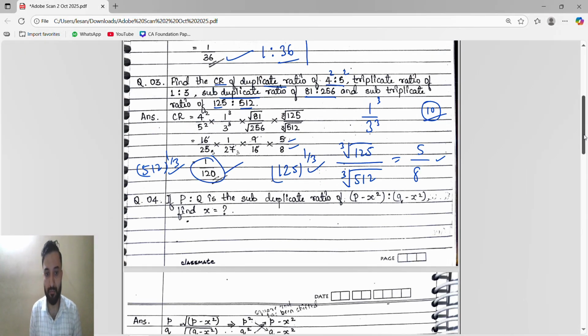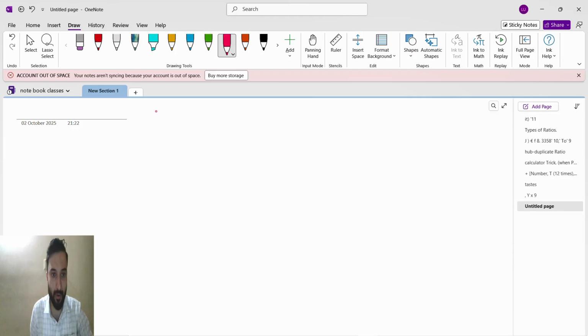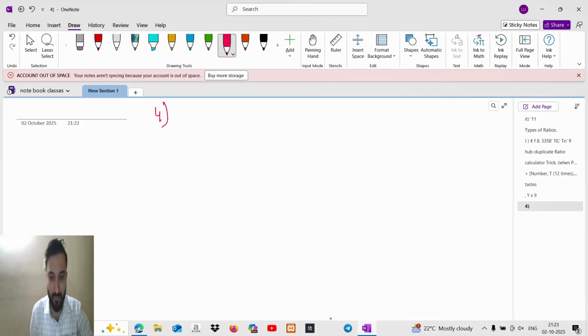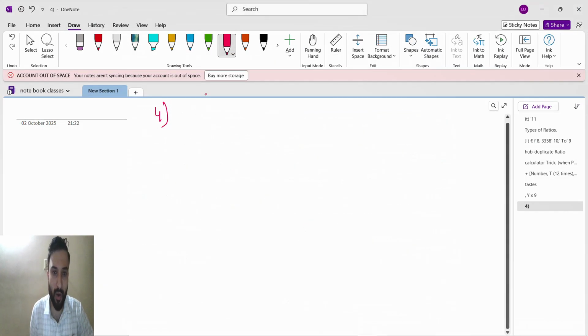Now next is, this is an important question, very important. If P is to Q is the subduplicate ratio of... Just see how they have written it, we will write like that only.